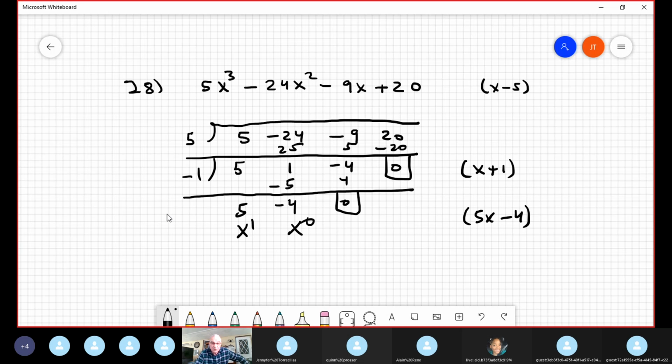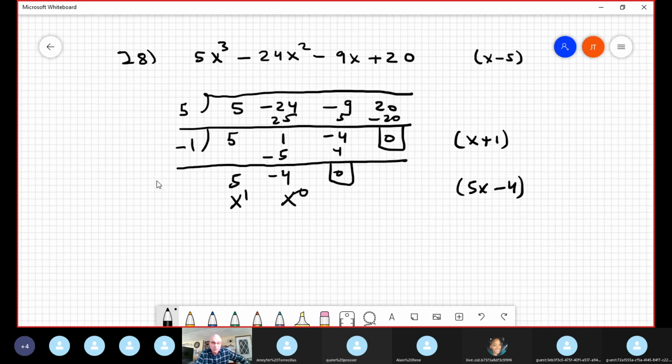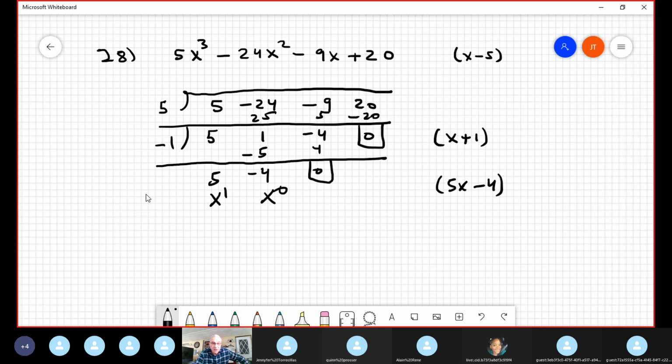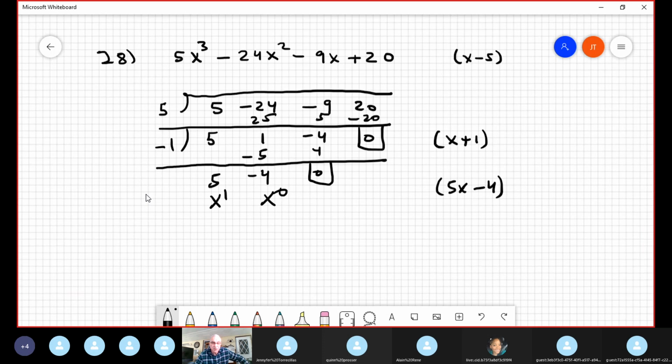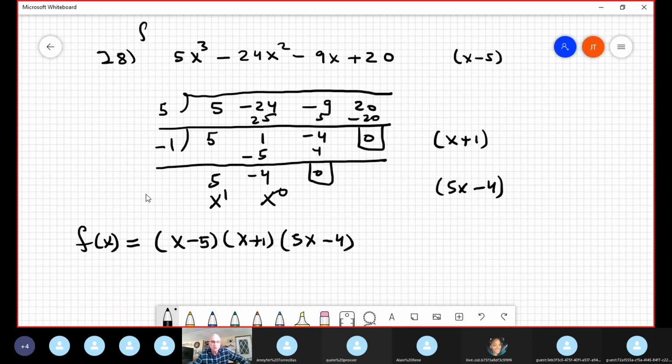Okay, so now, what's the factorization of this polynomial? Using a combination of decimals and synthetic division it is x minus 5. The order is not important. x plus 1, 5x minus 4. This is my new f of x. It is equivalent to the original. And what about the zeros?